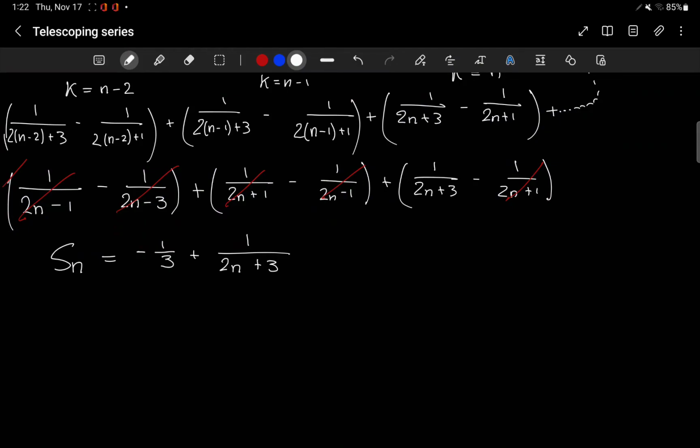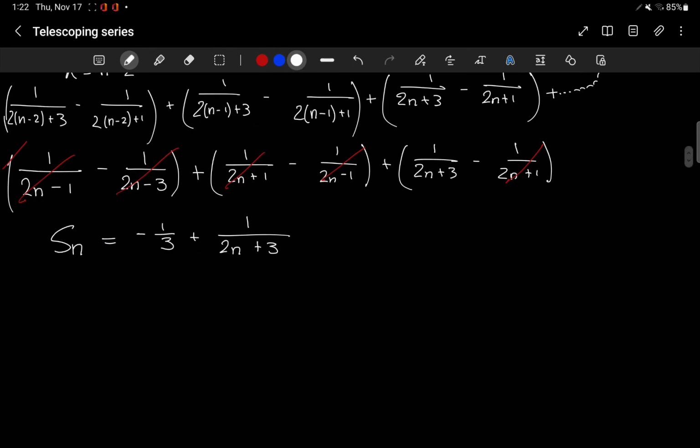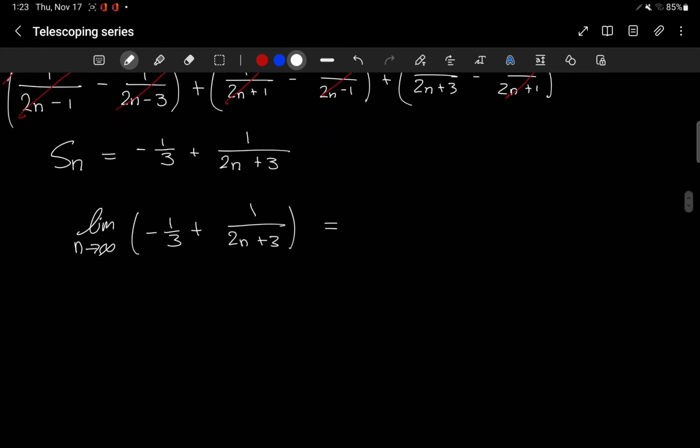And so now we want to find if this sum converges or diverges, and so we take the limit as n approaches infinity of -1/3 plus 1 over 2n plus 3. Plugging in infinity is very simple.